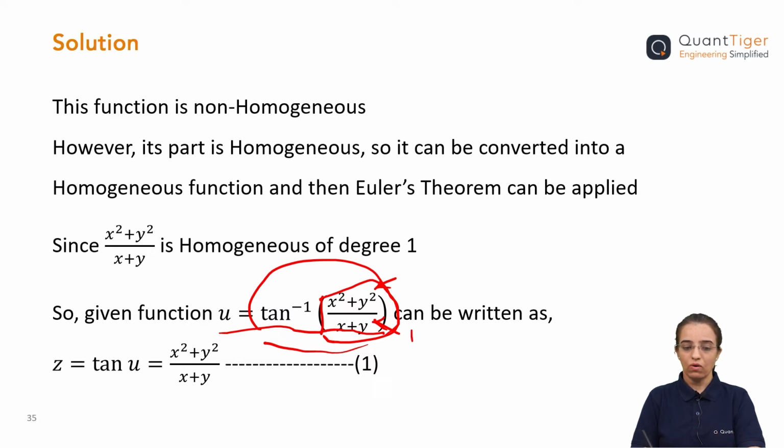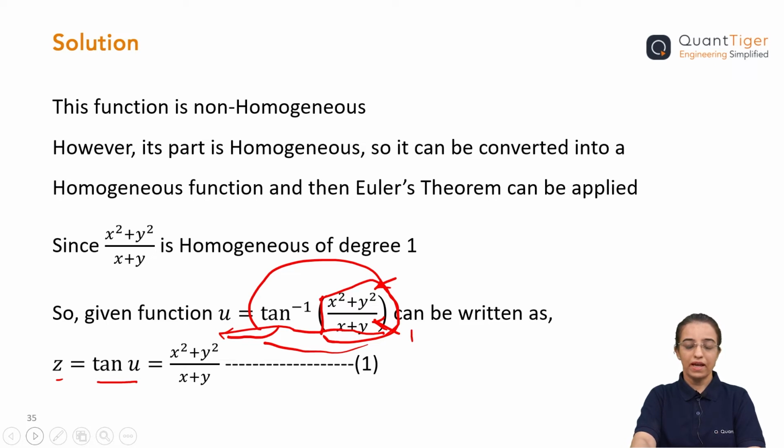But the overall function, along with tan inverse, is not homogeneous. So what we can do is shift the tan inverse to the left hand side. So this will become tan u is equal to (x square plus y square) upon (x plus y). And we can consider it as z because we have to differentiate it further.